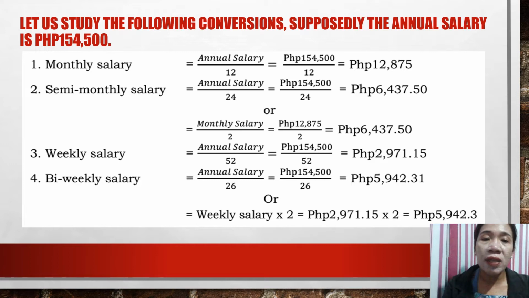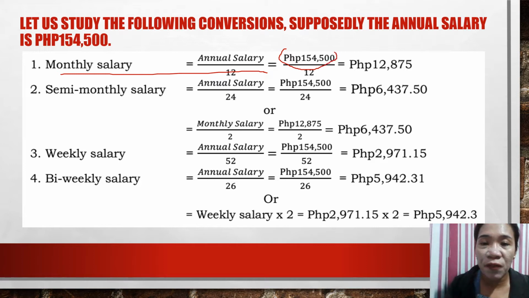Supposedly, the annual salary is 154,500. So let us convert that into monthly salary, semi-monthly, weekly, or bi-weekly. So for monthly salary, take note that the annual salary, which is 154,500, will be divided by 12 because there are 12 months in a year.